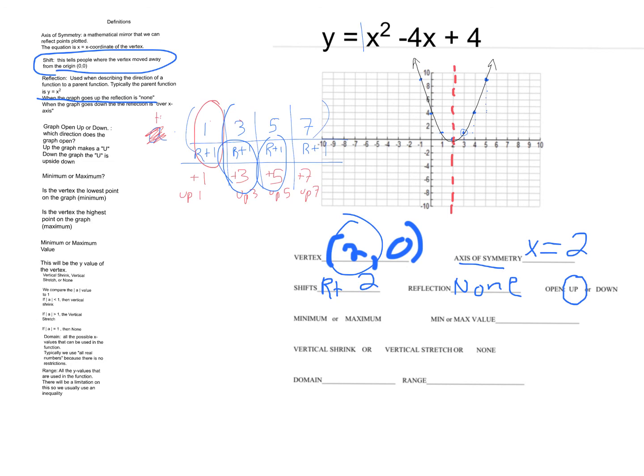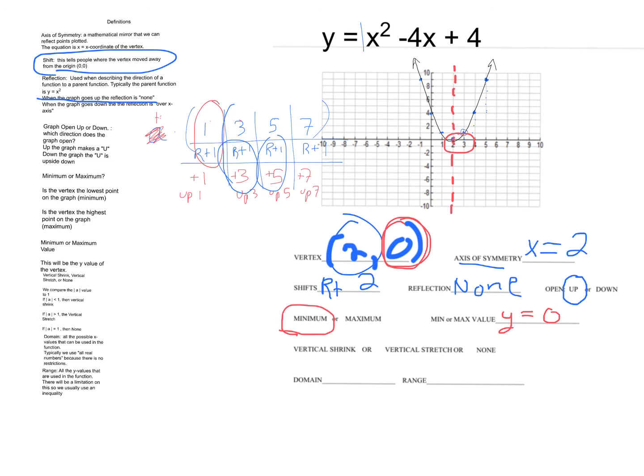Now, is my vertex the lowest or the highest point on my graph? Well, based on what I'm seeing here, there's my vertex. That is the lowest point on my graph, which means this is a minimum. The minimum value, y equals, and the y coordinate of the vertex tells us our value. So y is 0.